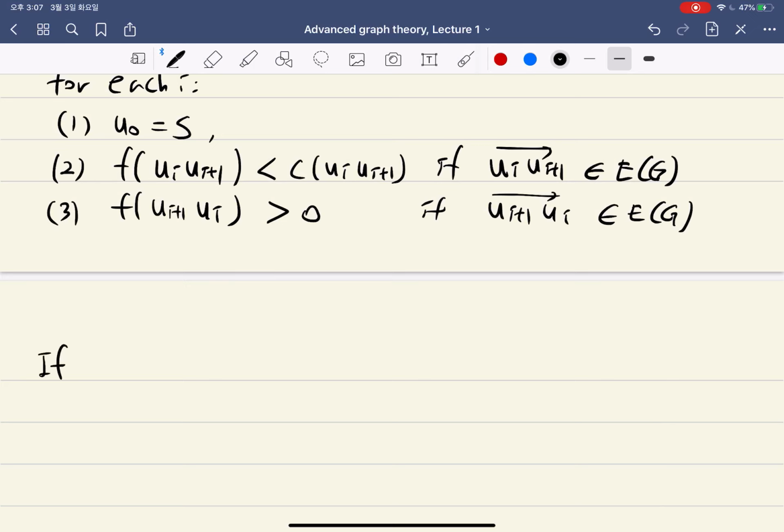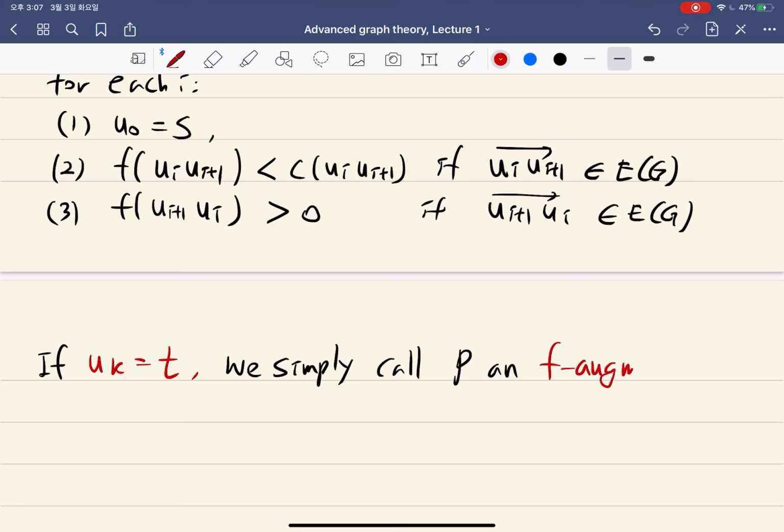And then, in addition, if UK is the terminal vertex, the sink vertex, then we simply call P an F augmenting path.